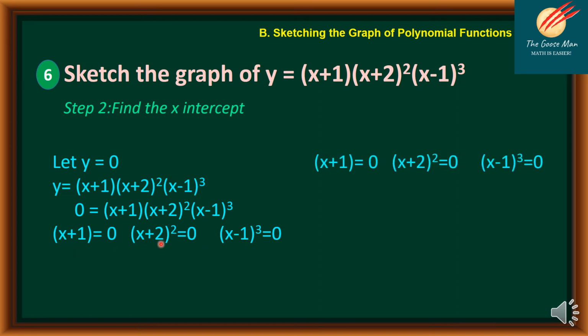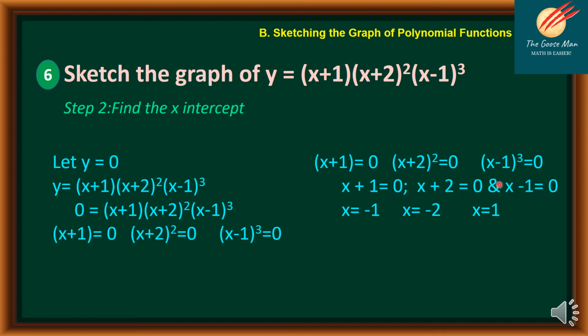Now, x plus 1 equals 0, which gives x is equal to negative 1. If we extract the square root of (x plus 2) squared equal to 0, we come up with x plus 2 equal to 0, or x is equal to negative 2.